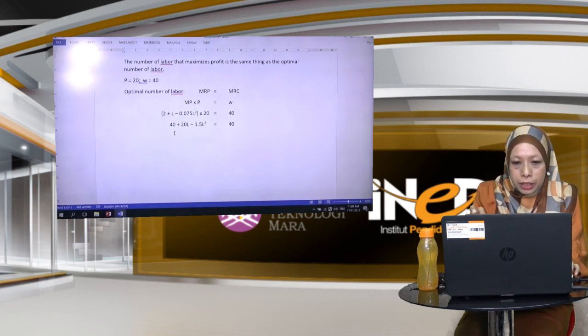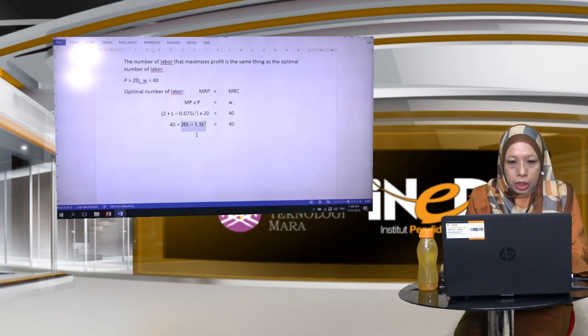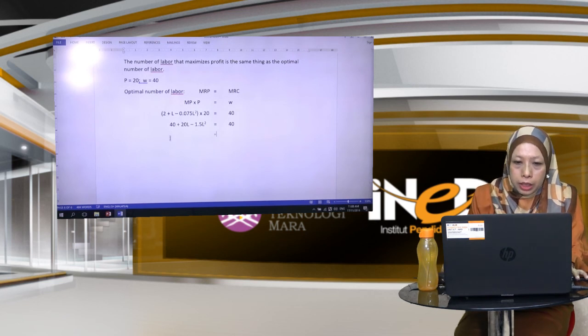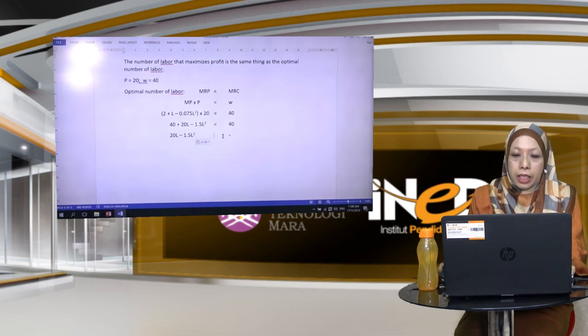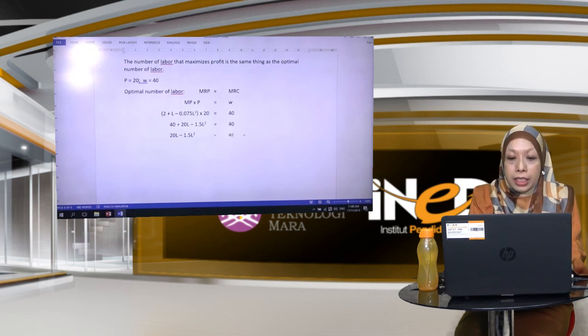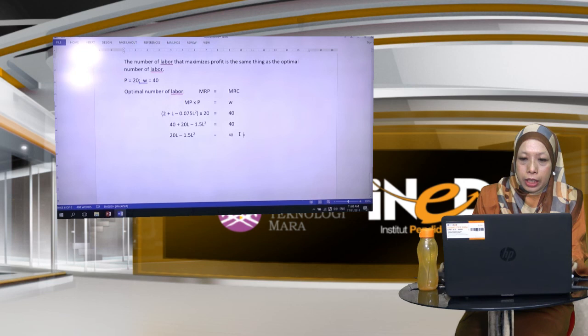So we have 20L minus 1.5 L squared, and this should equal, since you already have 40 on the right hand side, the 40 on the left hand side brought to the right hand side becomes minus 40.